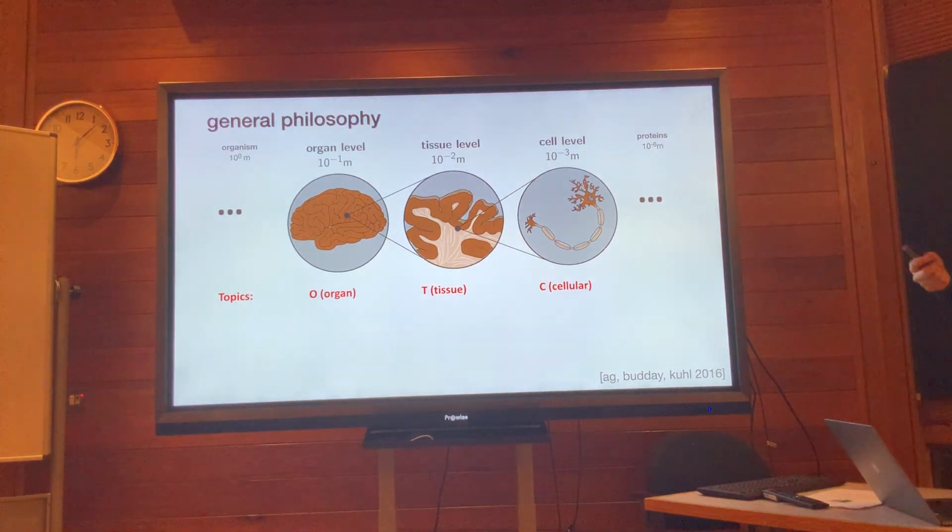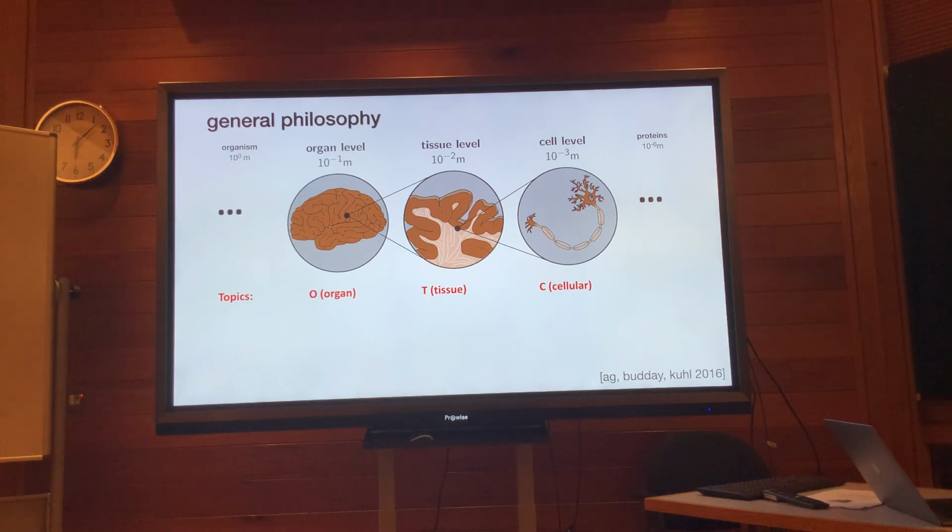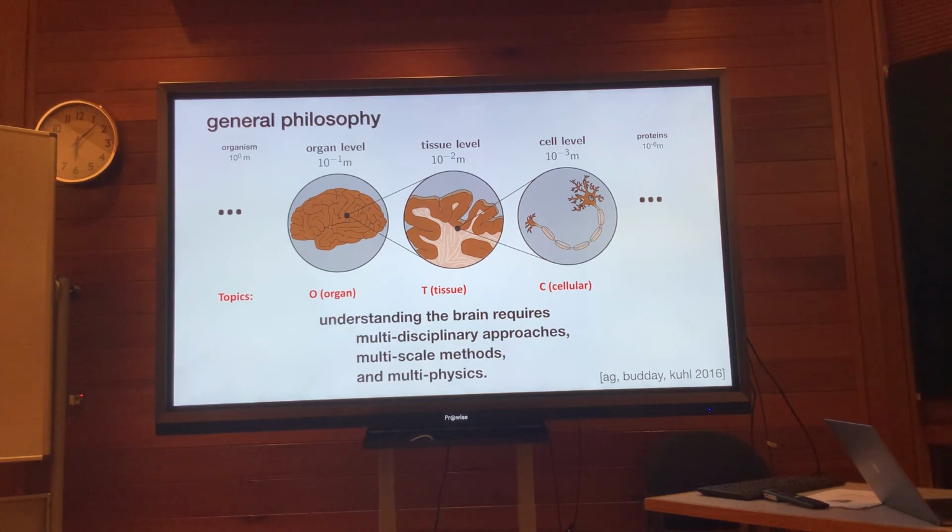What we talk about today is going to be an example of that. So our motto, in a way, is that really understanding some aspect of the brain, maybe not all aspects, requires multidisciplinary approaches, obviously, but also multi-scale, that you have to link these different scales, which is particularly important.